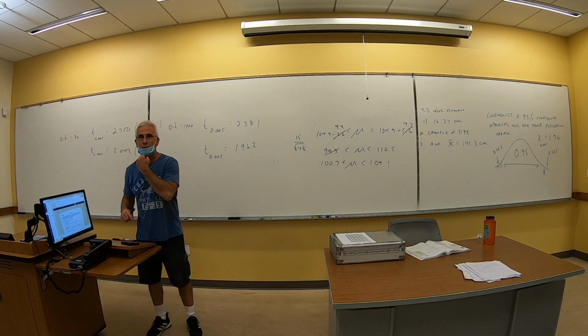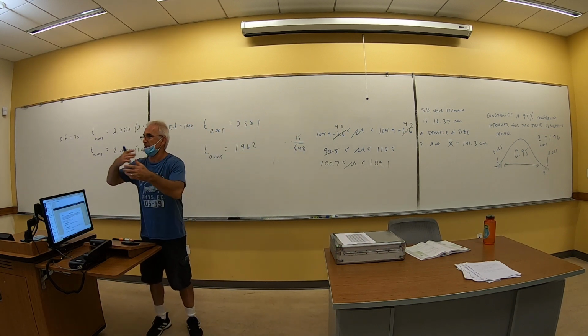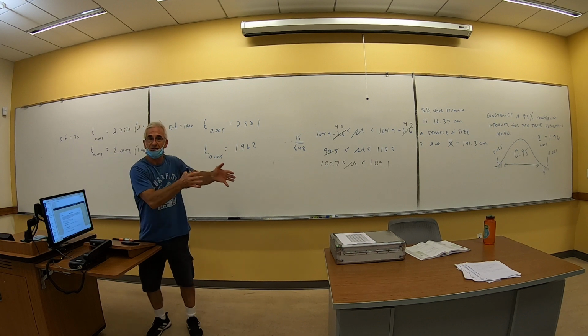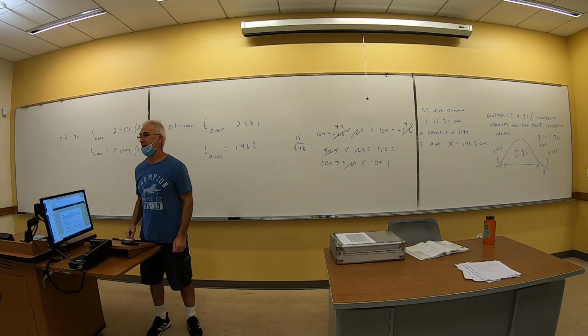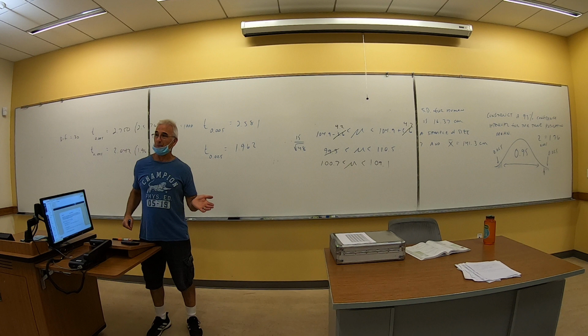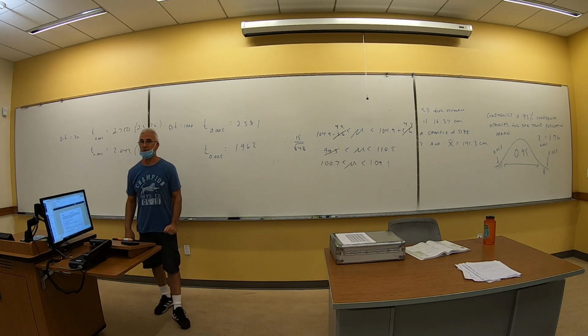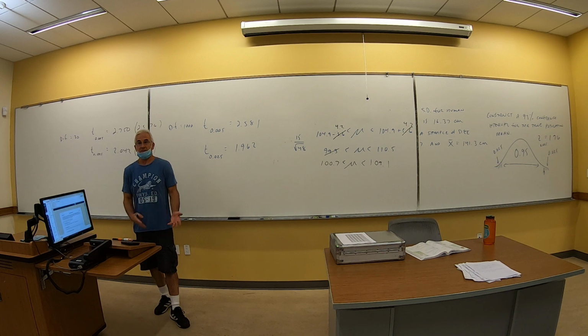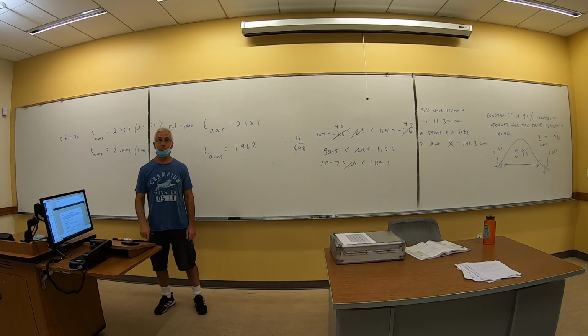But maybe 20, 25 years ago, because of technology advances, we were able to generate these numbers and put them in textbooks. People said, okay, the right way to do it is to use the t-table. When I first started teaching at Mesa College a million years ago, we didn't have t-tables. They didn't even exist, so we had to use z for everything, because these were way more complicated to produce.